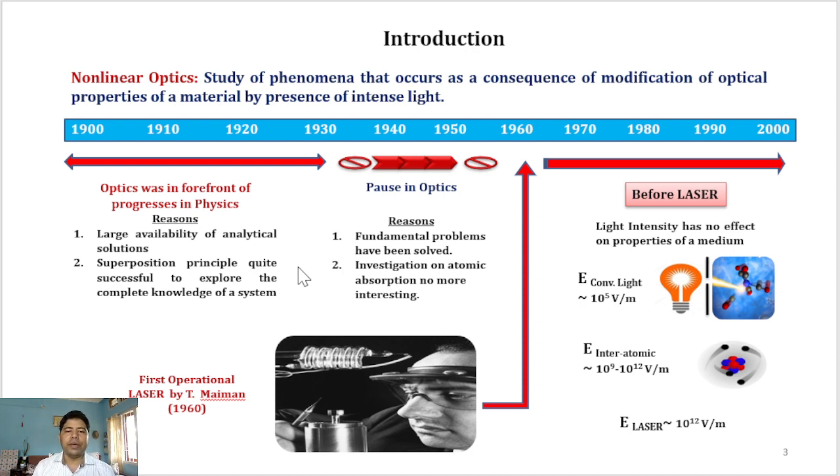Those can be analytically solved, and there were large analytical solutions available at the time. Whatever problem arose in this era till 1930, we were able to solve with these analytical models. And we had the results, we had the outputs.